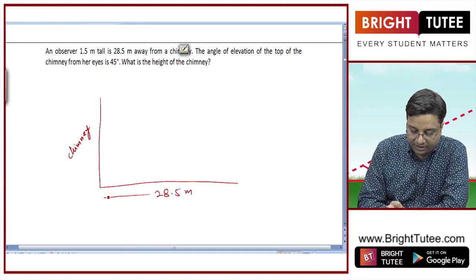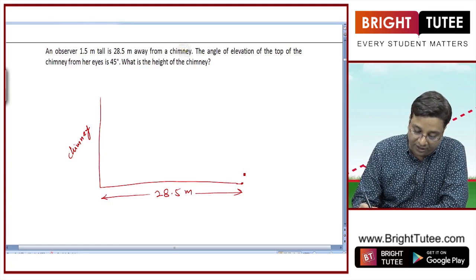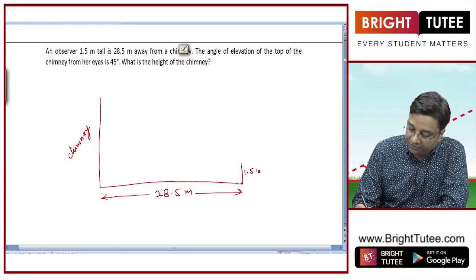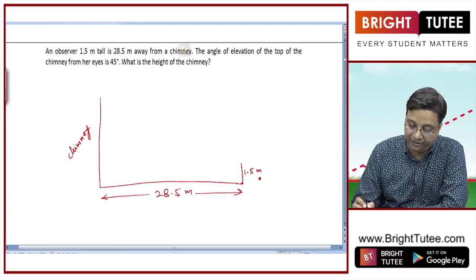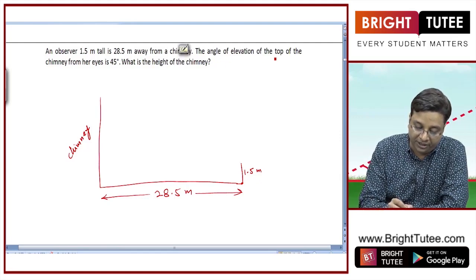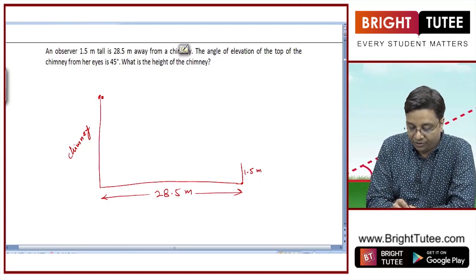So let us say this is the distance between observer and chimney. Observer herself is 1.5 meter tall. So let us take this as observer's height, which is 1.5 meter. Angle of elevation of the top of the chimney, this is the top of the chimney, from her eyes is 45 degrees.